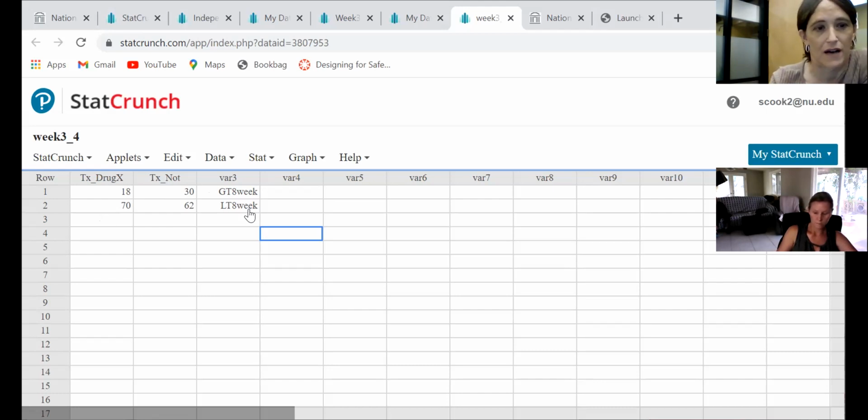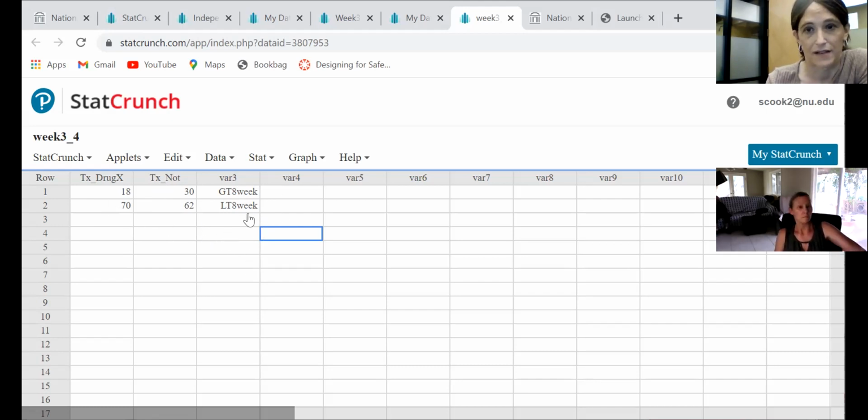So the way you set it up is my columns are here, treatment yes, treatment no. And then this third variable really isn't a variable at all. It is simply the labels for the two groups. So it almost looks already like a 2x2 table just sitting here in my data set.